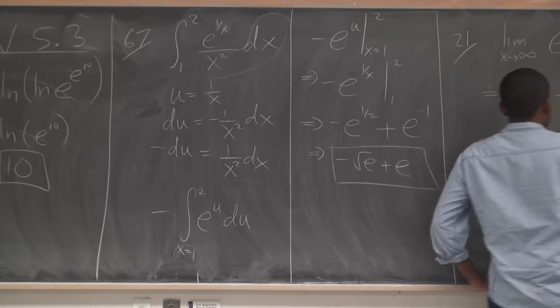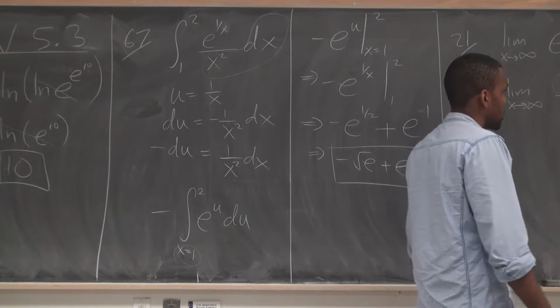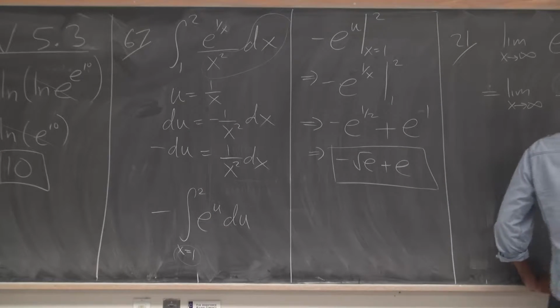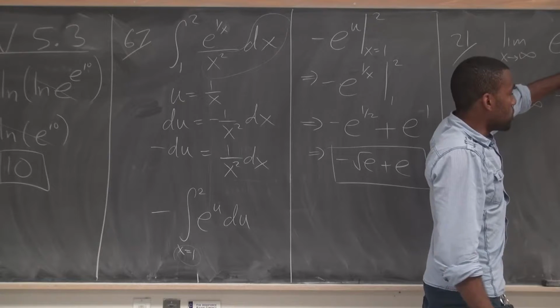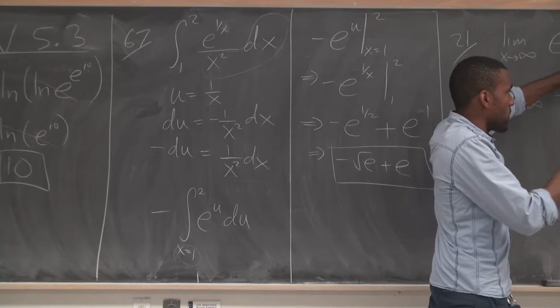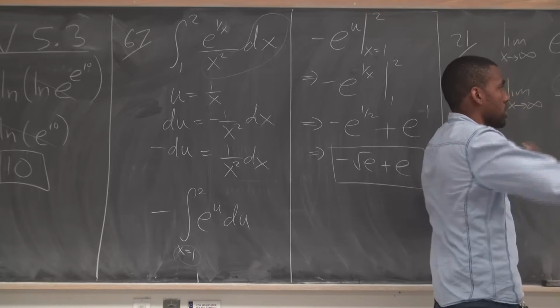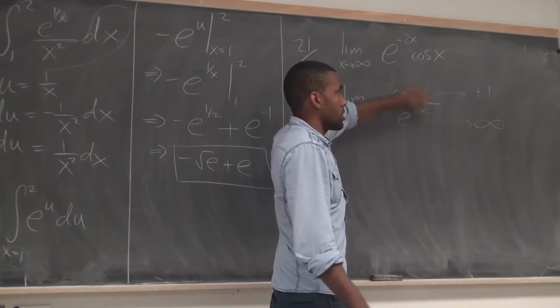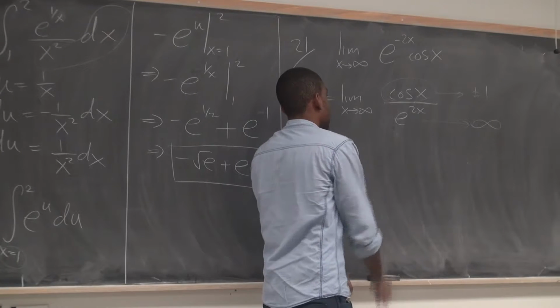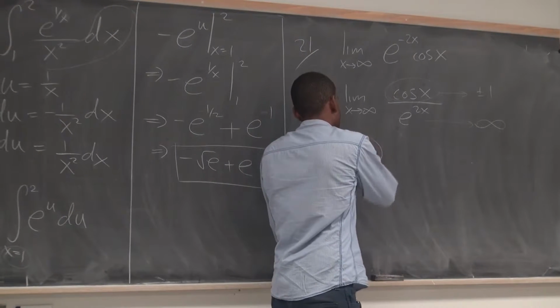What about e to the 2x? It goes to infinity. So the numerator is going to be very small numbers bouncing between -1 and 1. The denominator, though, expands without bounds. So you sort of have a constant over infinity. What do you get? 0.